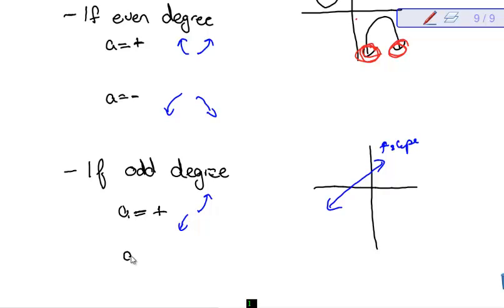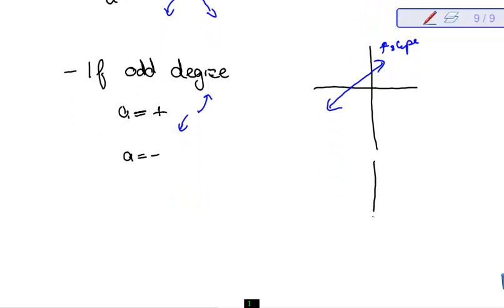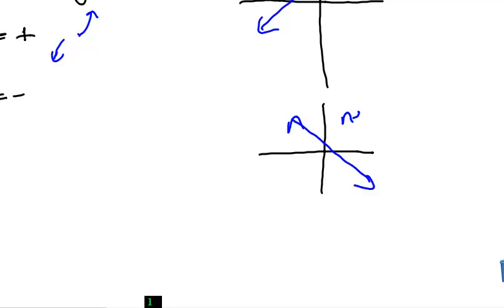So if a is negative, think about what happens with negative slope. Negative slope, we're going down. So this is negative slope. We're going down. Same thing happens with this.